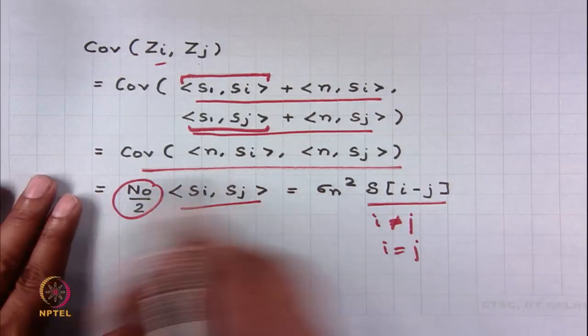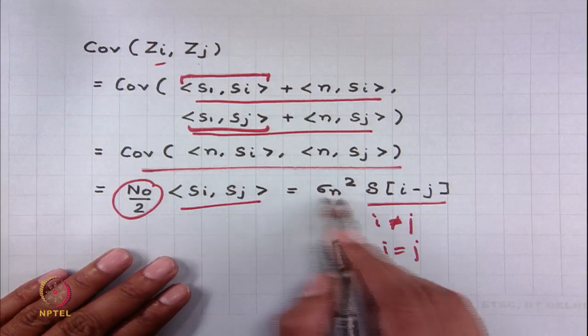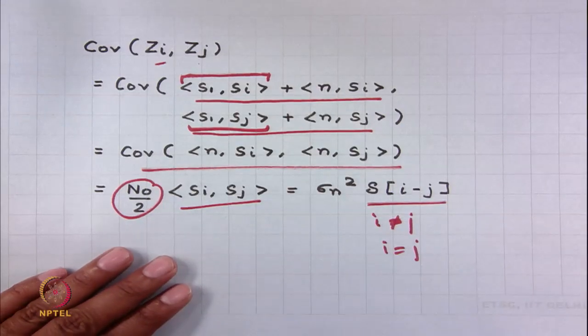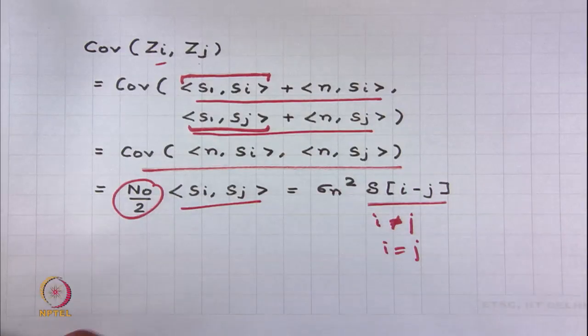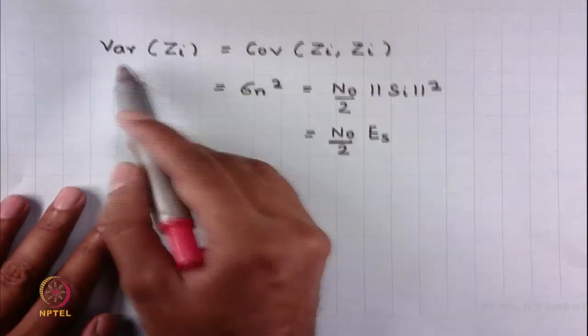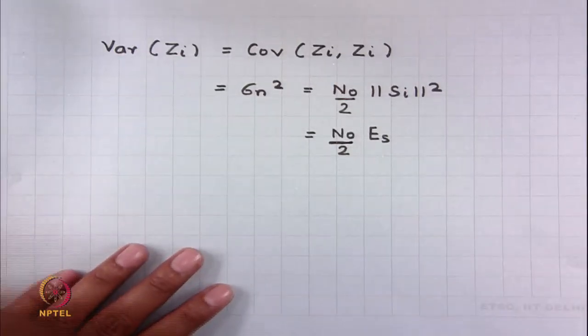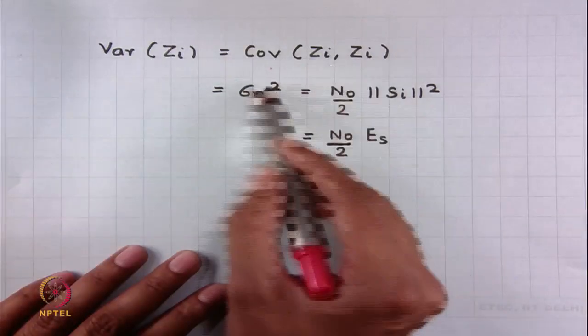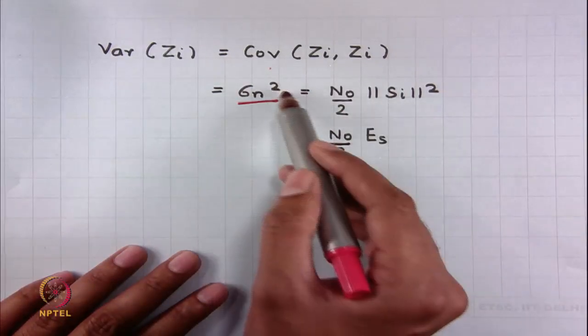So, we are saying that this thing is simply sigma n square times an impulse function. We will see what sigma n square is now. From this we can find the variance of Zi, which is the covariance of Zi with Zi, and we have seen that this will be sigma n square.